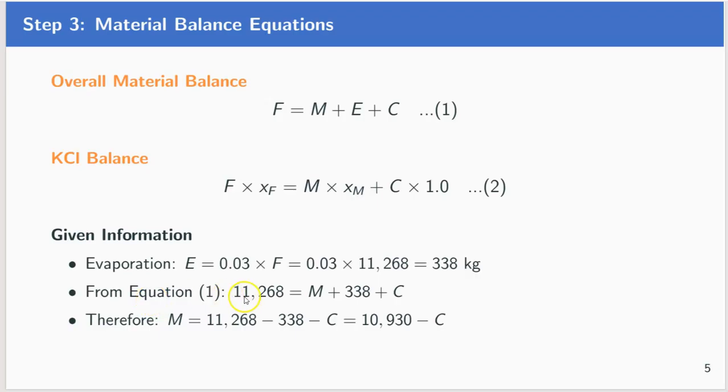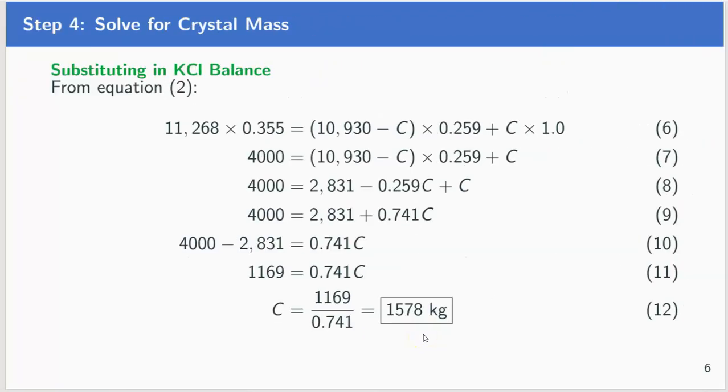From equation 1, 11,268 is equal to M plus 338 plus C. Therefore M is equal to 11,268 minus 338 minus C. So that is 10,930 minus C. Now substituting in the KCl balance from equation 2: 11,268 into 0.355 is equal to (10,930 minus C) into 0.259 plus C into 1.